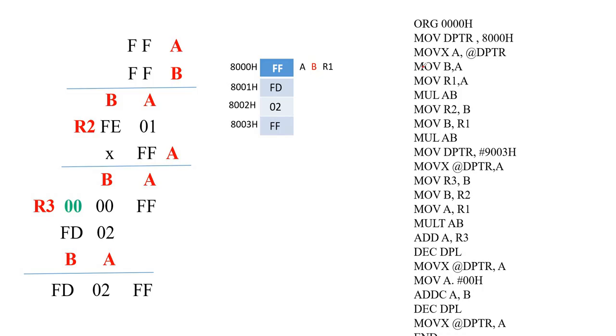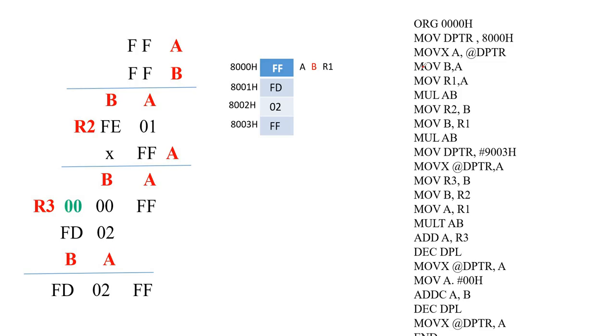Now when we do the multiplication, what happens? We will lose the input number. We want FF for further multiplication also, that is we need FF again for the next multiplication.